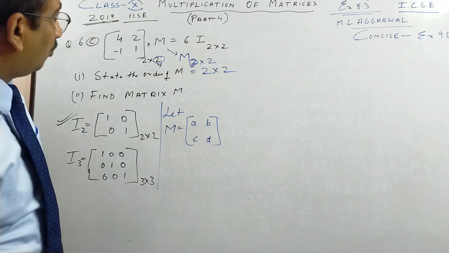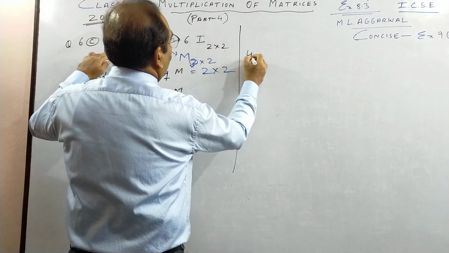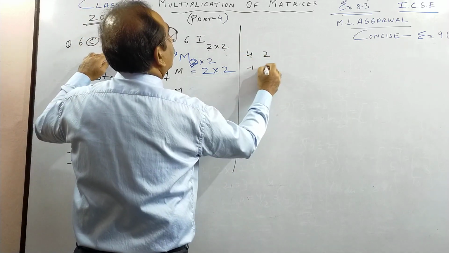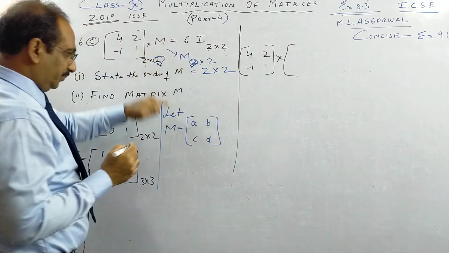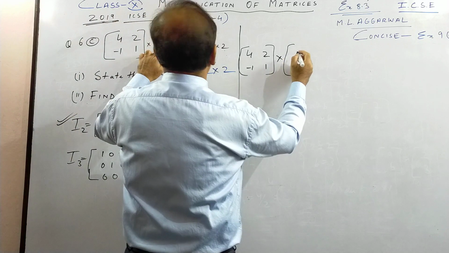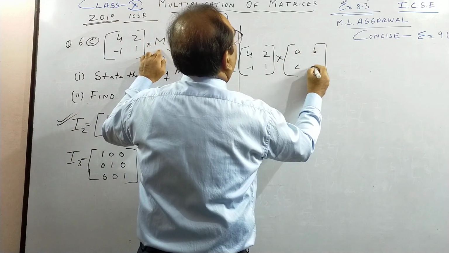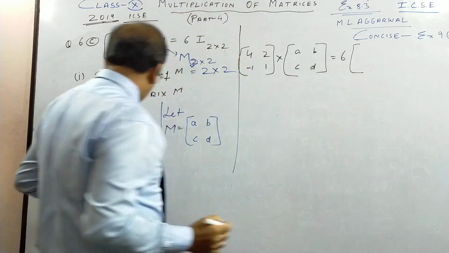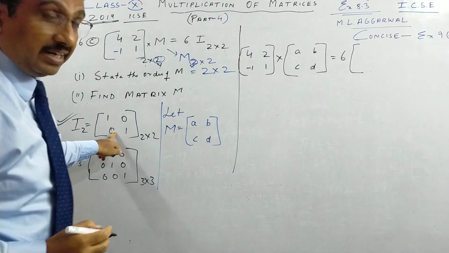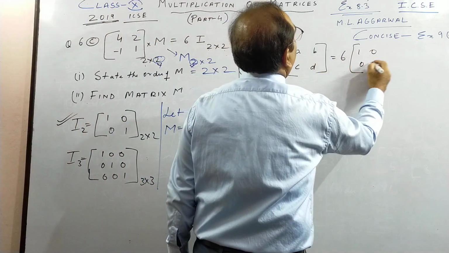So here the same question becomes the matrix 4 2 minus 1 1 multiplied by M, which I have assumed, and we multiply to get 6I, where I is the 2 by 2 identity matrix 1 0 0 1.